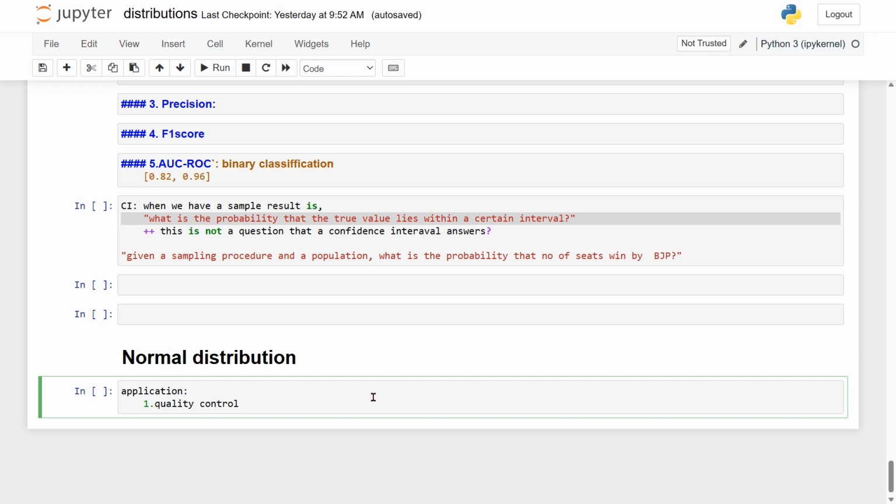That's how this normal distribution is bringing a huge difference in the lives of quality control employees.